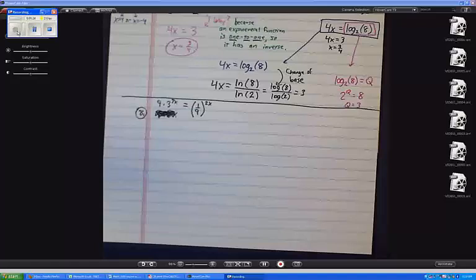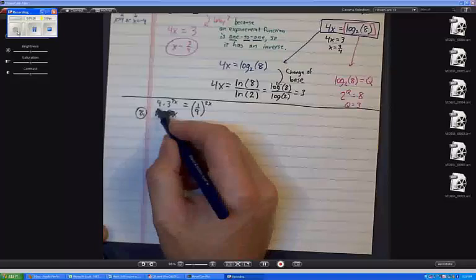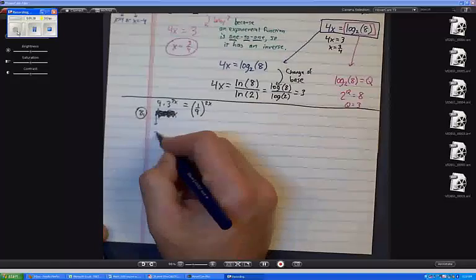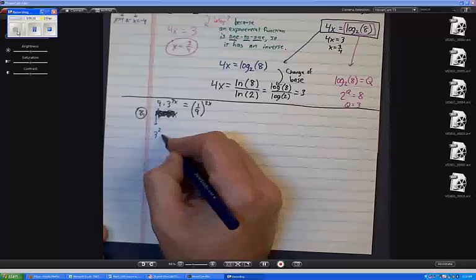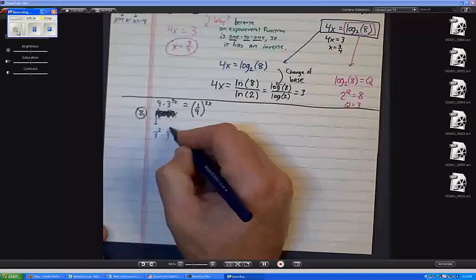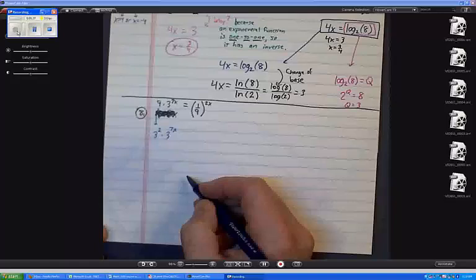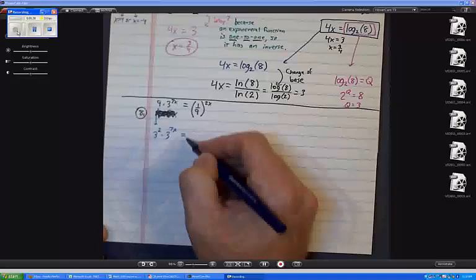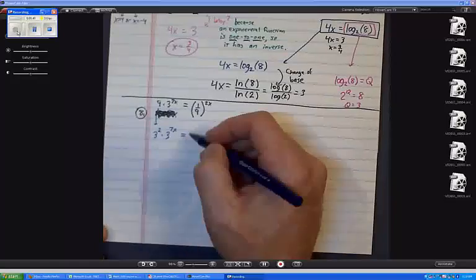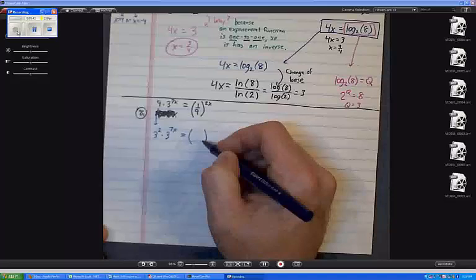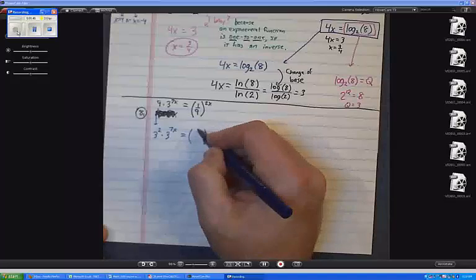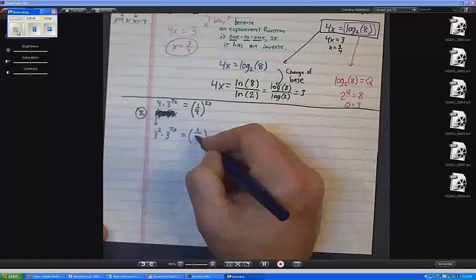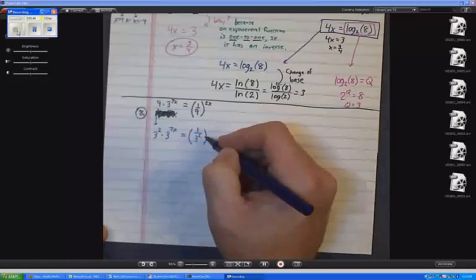So I'm going to take this 9 here and write it as 3 squared. And here I have 3 to the 7x power. Whereas over on this side, we're going to rewrite the 1/9 as 1 over what? 3 squared to the 2x power.